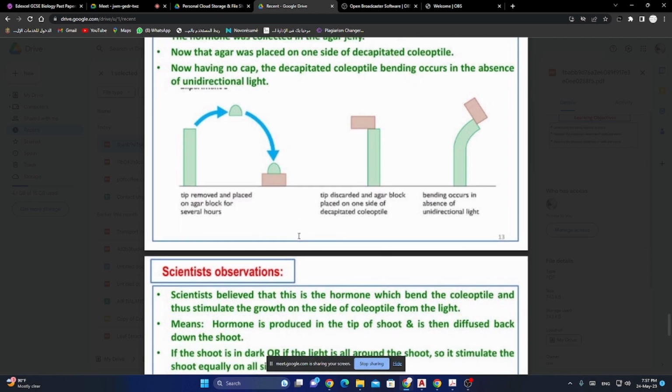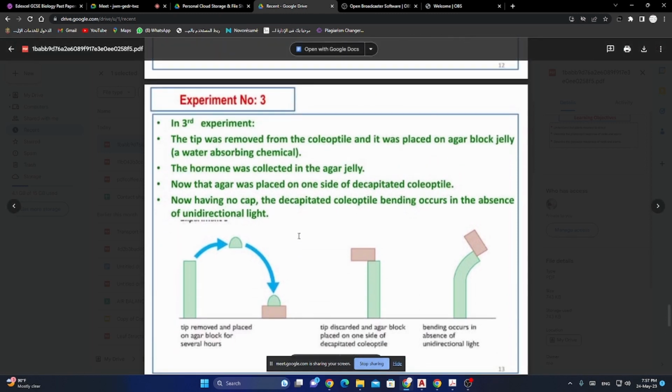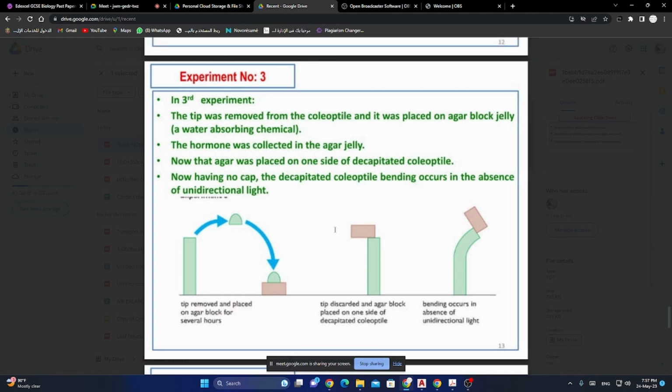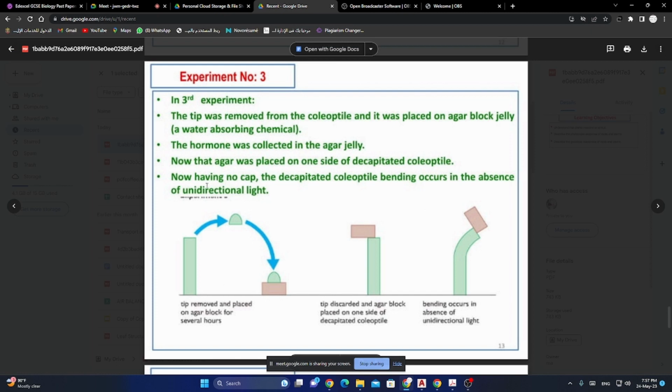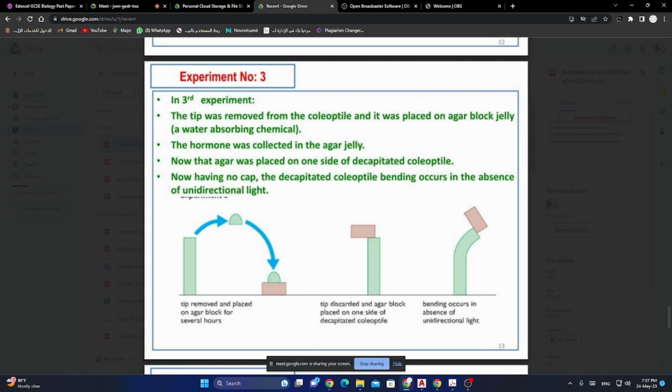Okay, here they're just trying to show that it's not the tip itself that's moving the shoot, but actually something inside the tip that gets secreted. So here, they remove the tip and put it on some agar block.